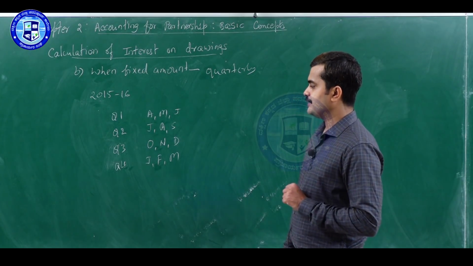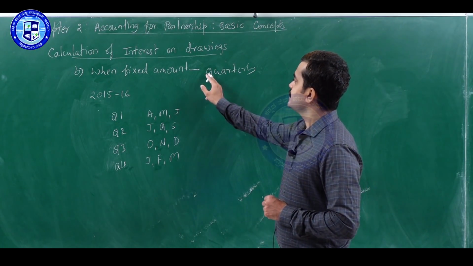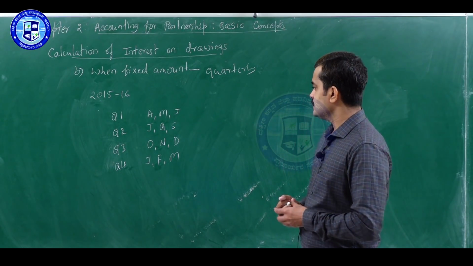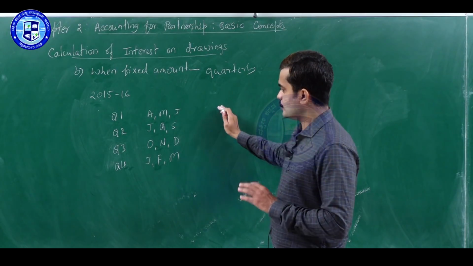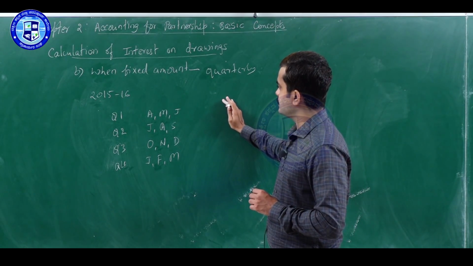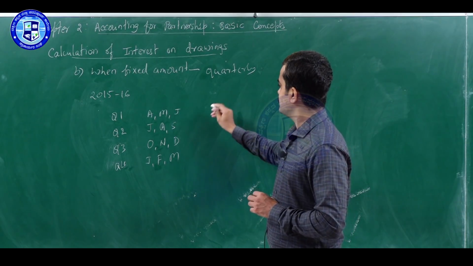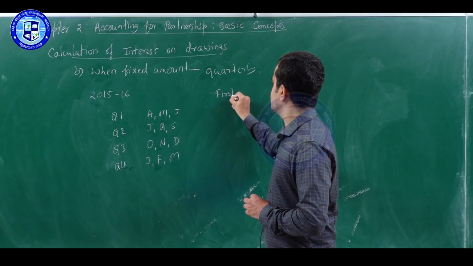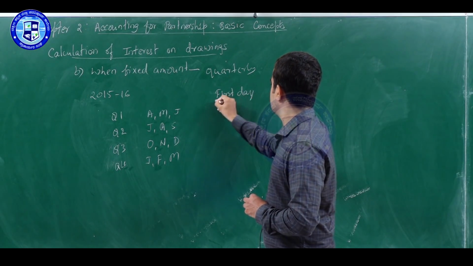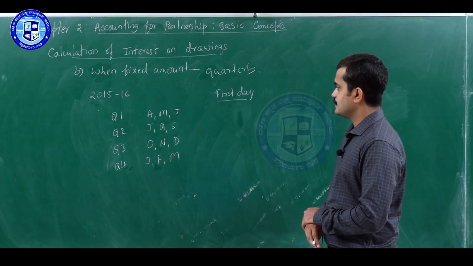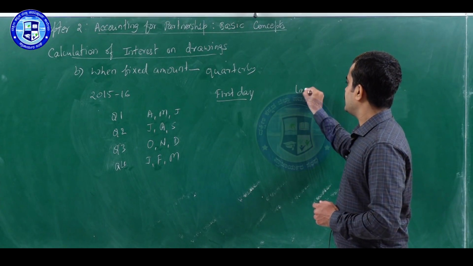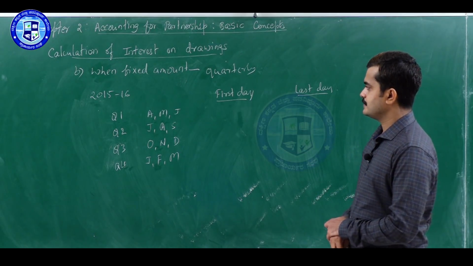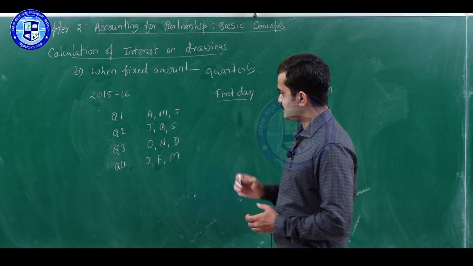Now, the situation is that quarterly a fixed amount is withdrawn. So, here we get 2 different dates, one is the first day of every quarter, and the second is the last day of every quarter. Let us look at this situation.